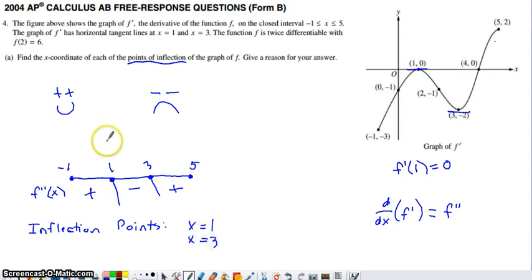We know that because the second derivative changes positive to negative at 1 and negative to positive at 3. So the concavity of the function is going to change at those two x's. And it did just ask us for x coordinates. It didn't also ask us for y coordinates, so this wraps up part A.